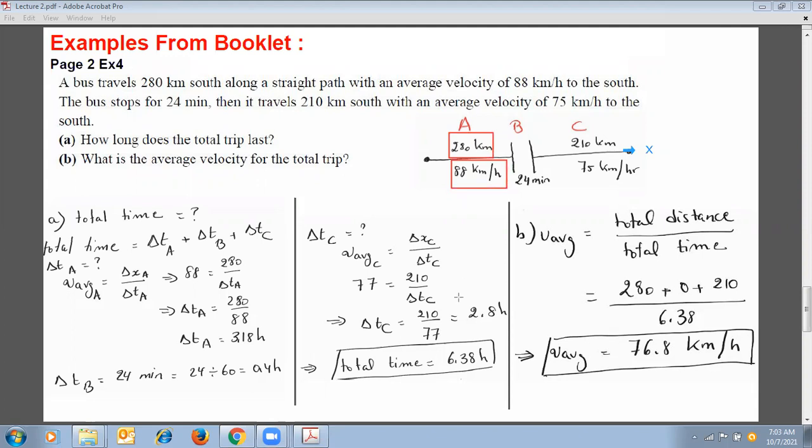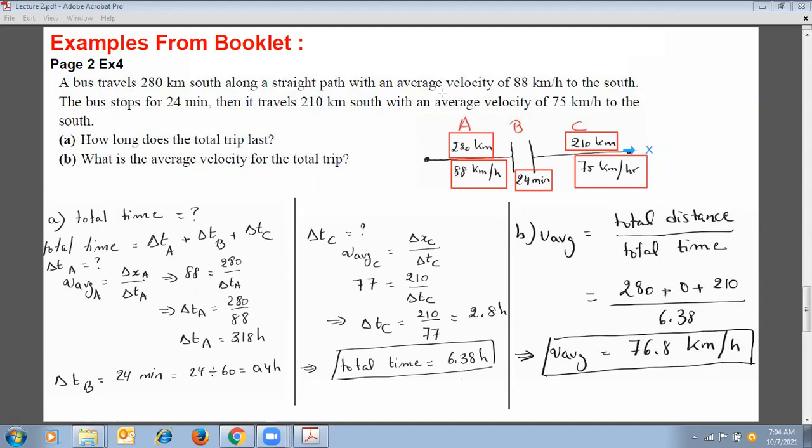Okay. The bus stops for 24 minutes. Then it travels 210 kilometers at 75 kilometers per hour, also to the south.